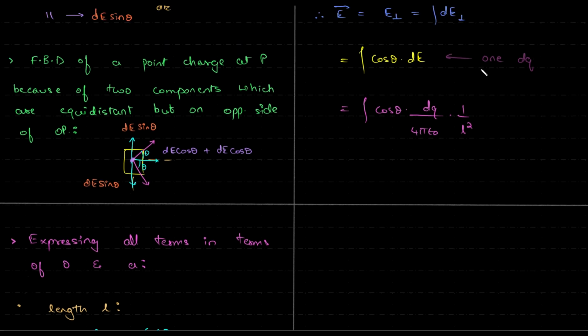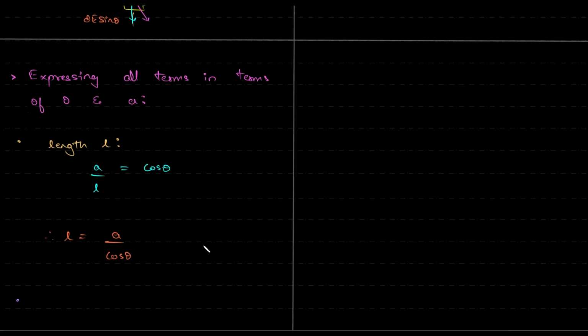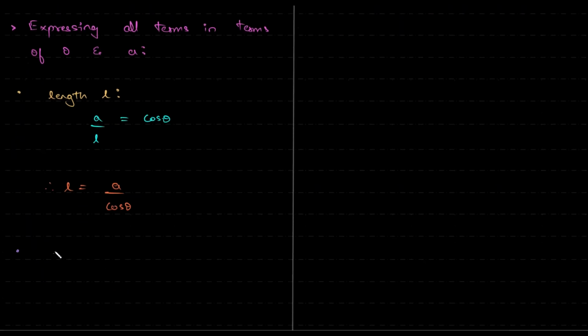Next, we also need to express dq. dq we already know is lambda dy. dy is your length, lambda is constant.